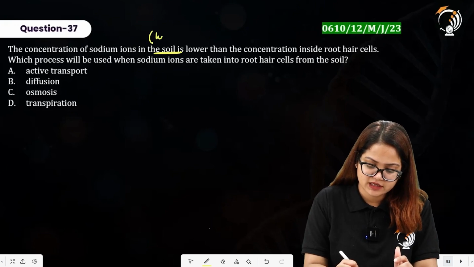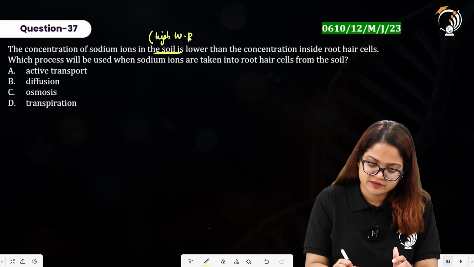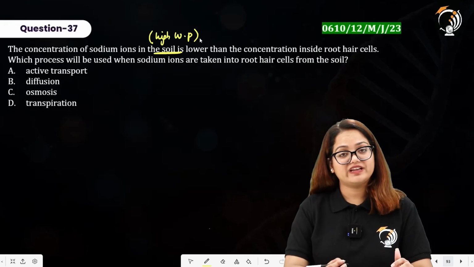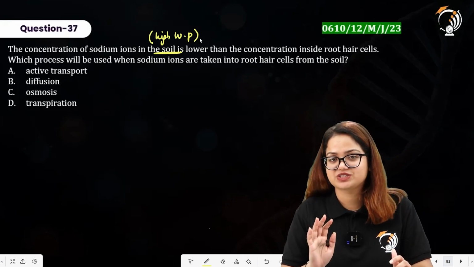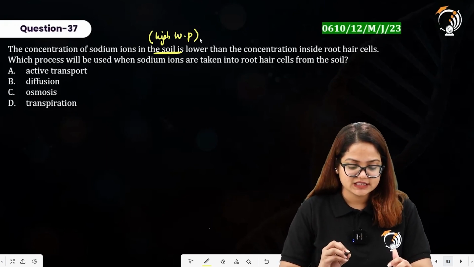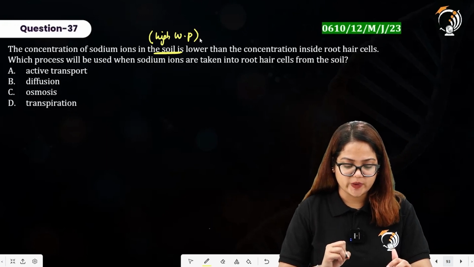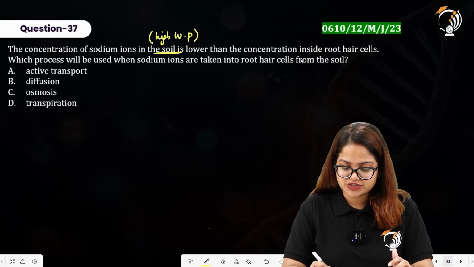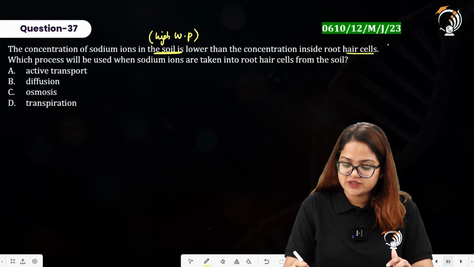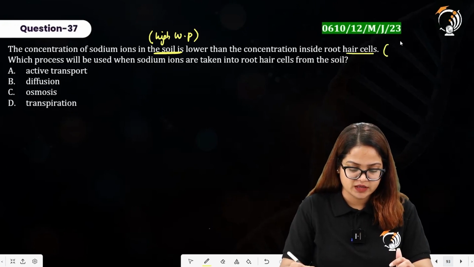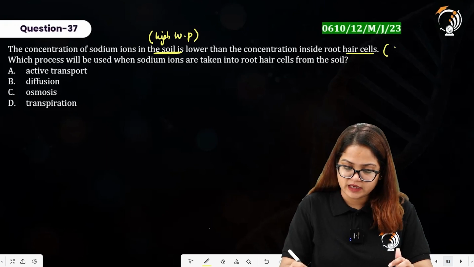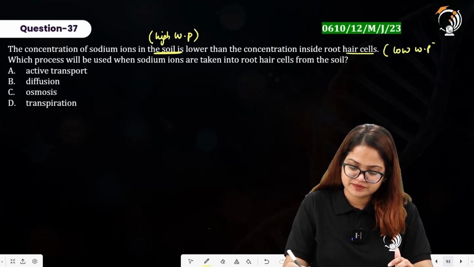So, it has high water potential. Now, you can observe that we can solve any question considering the water potential as the factor. The concentration of sodium ions in the soil is lower. The concentration inside the root hair cells, it has low water potential.